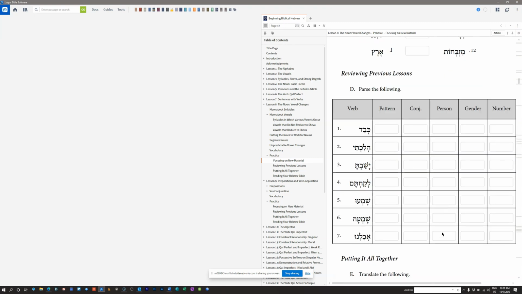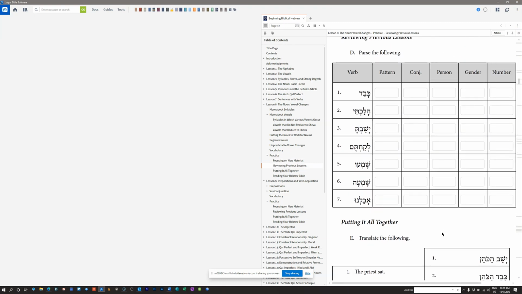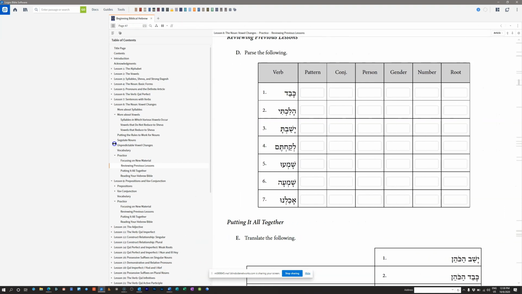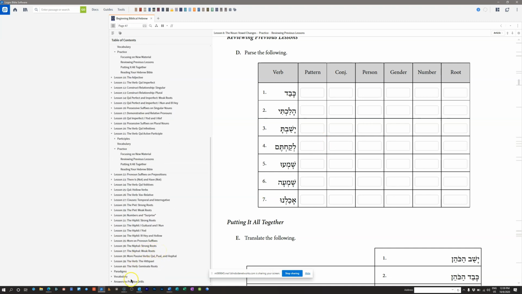So we'll start off here parsing. Go ahead and make this a little wider here. As is my habit on these, I'm going to point out to you what I think is important, the shortcuts, that sort of thing. You can obviously check your answer key for any answers that I don't cover.